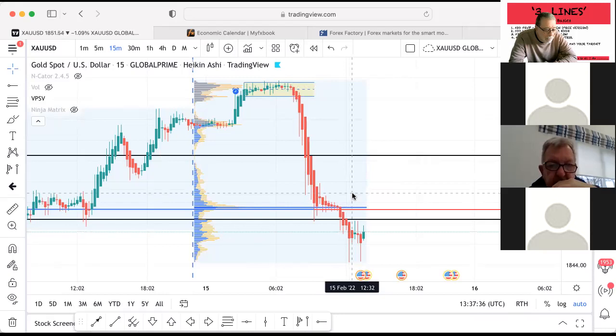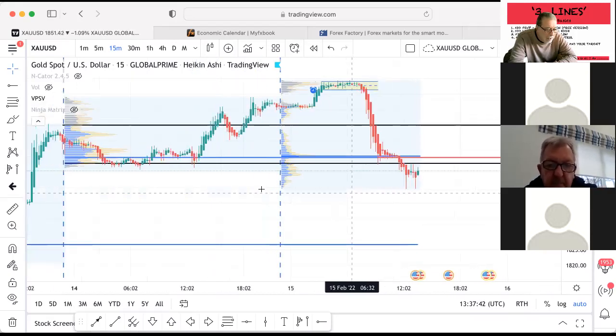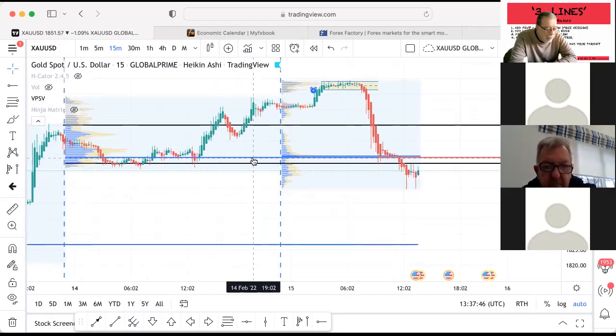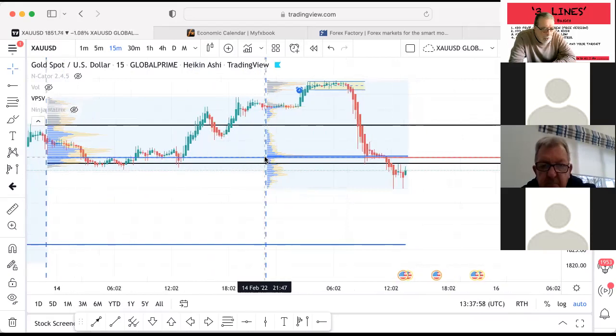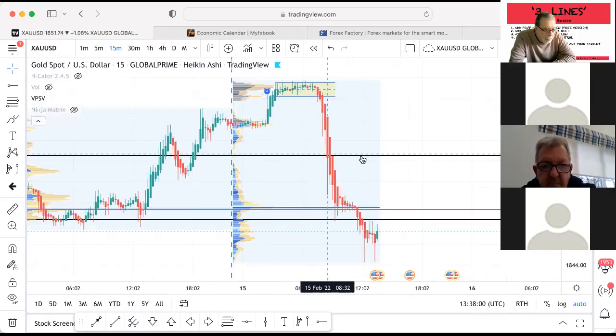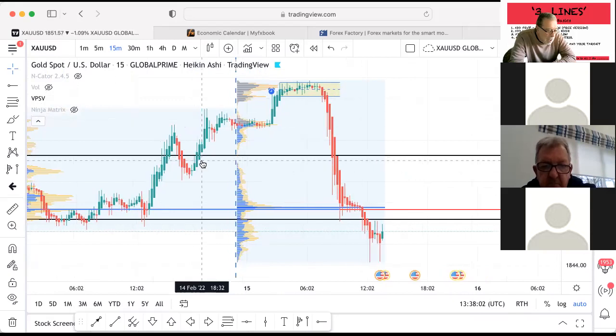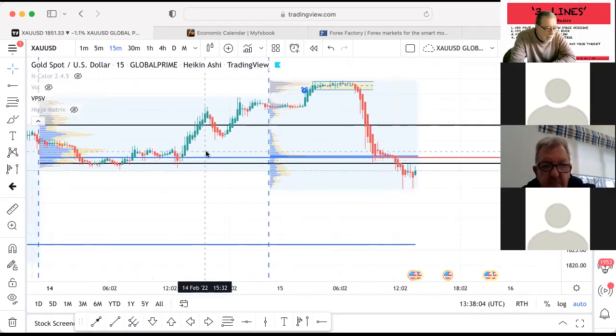So it is a point of interest, but not as interesting as yesterday's point of control. However, they are almost identical. So for all intents and purposes, you can look at that point of control. But the reason we look at yesterday's point of control is because that is now fixed. That's static. That's not going to move, and so we can work on that.